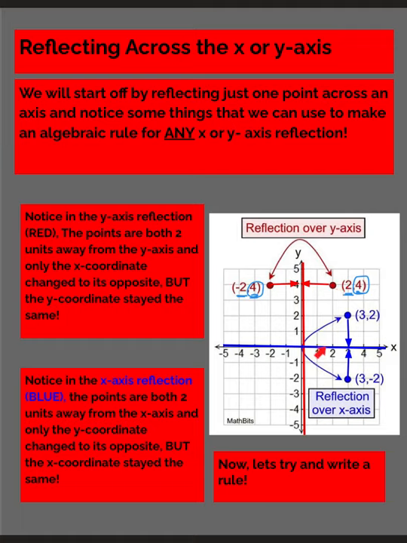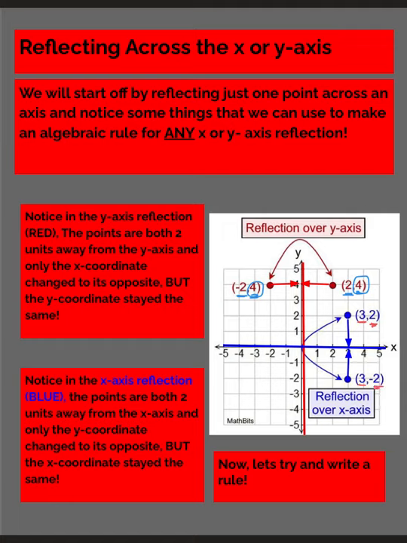And similar on the reflection across the x-axis. So if this is my point 3, 2, I'm going to count 1, 2 spaces from my line of reflection, and it is also 2 places away from that line of reflection on the other side. Now if I compare the coordinates, the x coordinates are both the same, and then the y coordinates are the opposite.